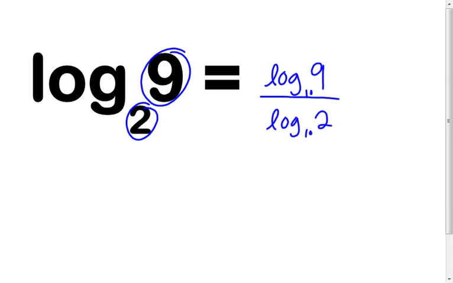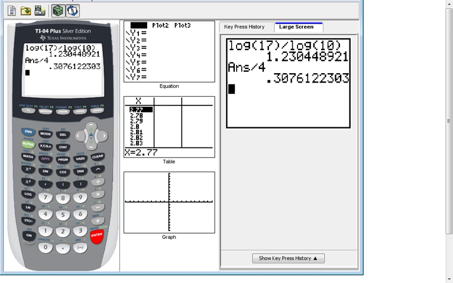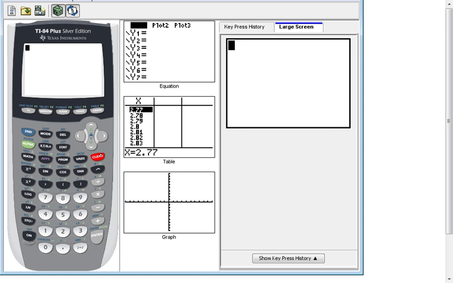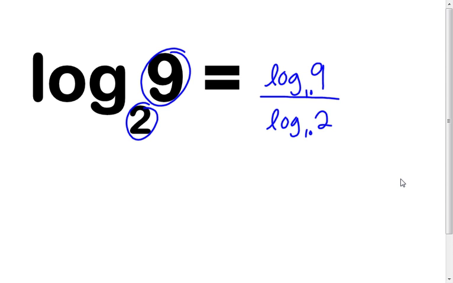And then you can go right to your calculator and type in log of 9, divided by log of 2. I'll just make sure you know how to do this. And you should get about 3.17. Okay?